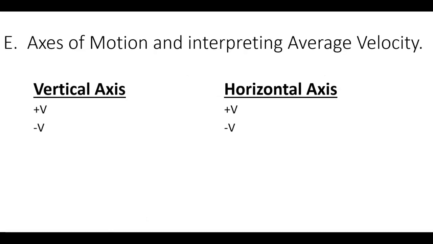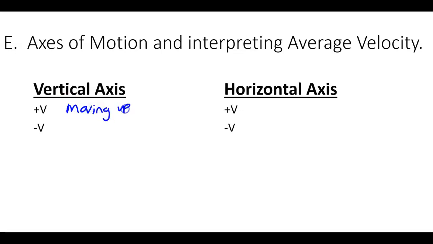All right. So let's talk about axes of motion and interpreting average velocity. If you're on a vertical axis, what do you guys think a positive velocity means? Vertical. It's moving upwards. So velocity tells you how fast, but also what direction. So on a vertical axis, positive means your object is moving up.